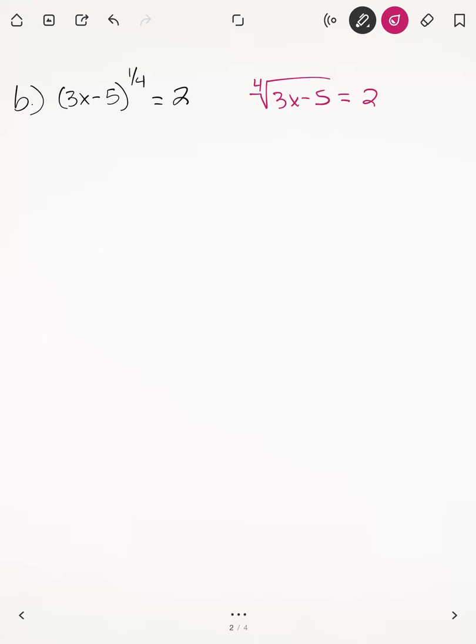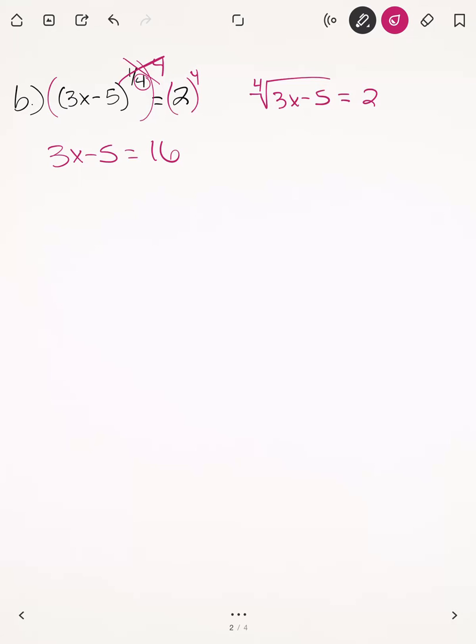When you have something raised to an exponent and you want to get rid of it, you're going to raise it to another power, but you're looking at the denominator. My denominator is 4. I want to raise it to the power of 4 on both sides. When I do that, 1 times 4 is 4, and 4 over 4 is 1. They cancel each other out. 2 to the 4th power: 2 times 2 is 4, times 2 is 8, times 2 is 16.